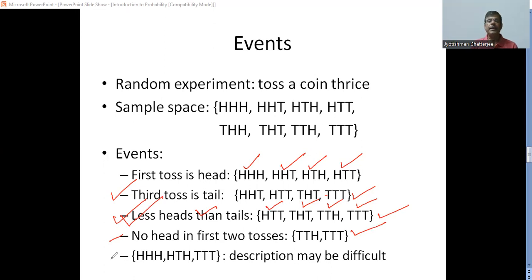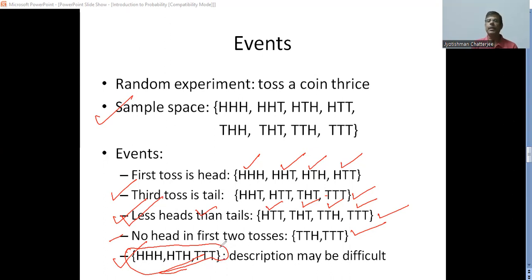Let's consider another event. So this one, triple H, comma HTH, comma TTT. This is of course a subset of the sample space. Here is the sample space. And as any subset is an event, so this is also an event. However, giving the description of this event might be difficult.